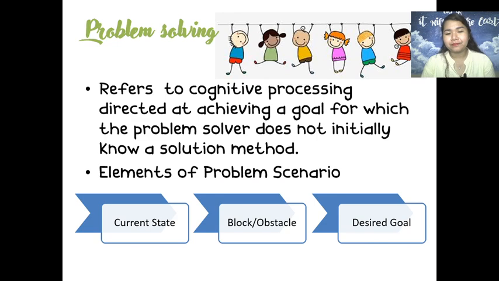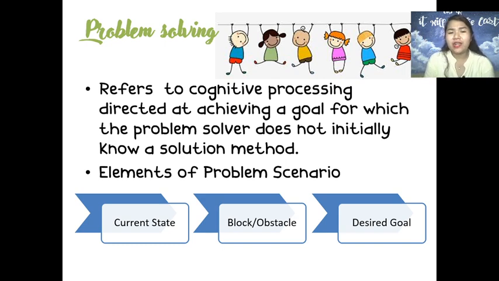So, here, problem solving refers to cognitive processing directed at achieving a goal for which the problem solver does not initially know a solution method. So we have here the elements of problem solving scenario. First is the current state, where you are now, yung block or yung obstacle, then your desired goal.